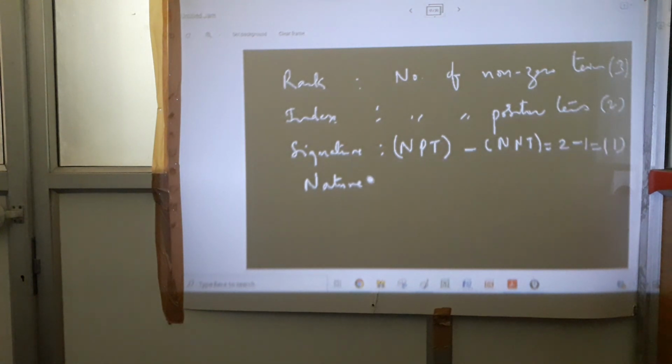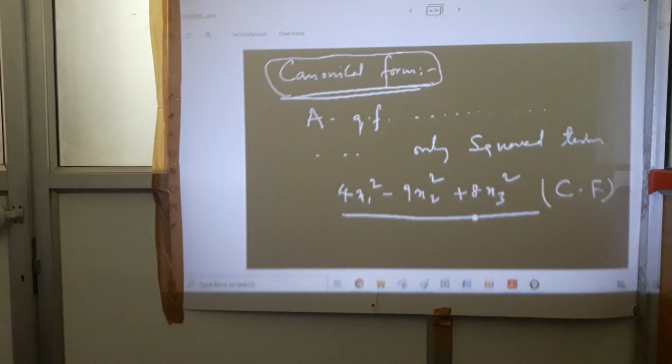So 1 is the signature, and the nature is defined in terms of how many positive terms and negative terms there are. Let me define it very clearly. If all the terms are positive, it is called positive definite. If all the terms are negative, that is called negative definite.